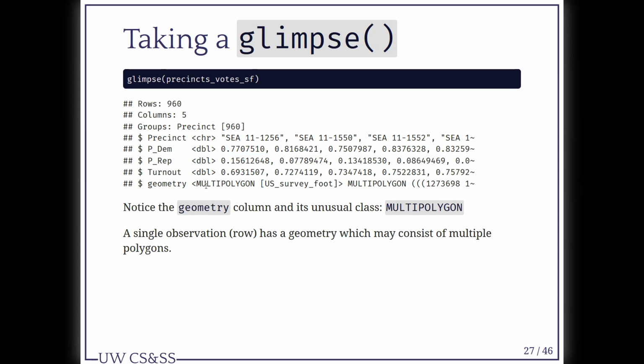We'll note that this is a kind of unusual class that we're probably not used to seeing compared to character or double. It'll have a geometry that consists of very many polygons in order to draw the shape of a precinct.